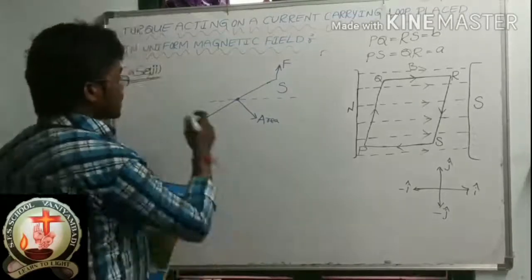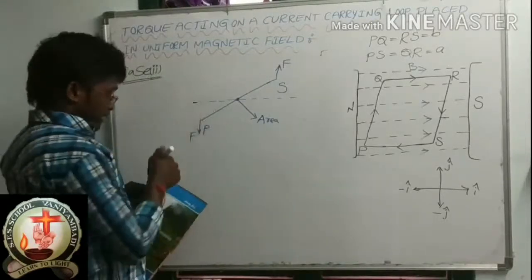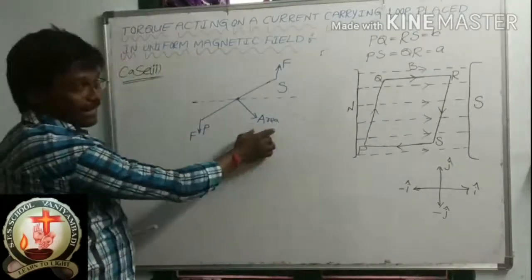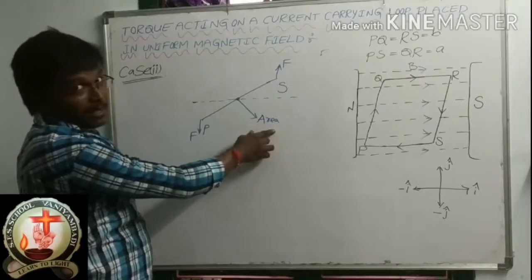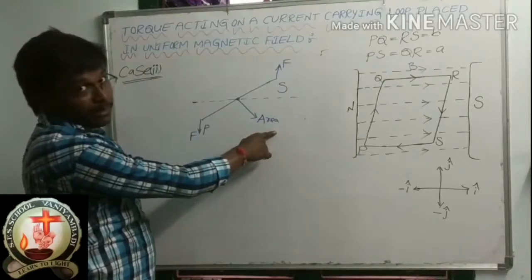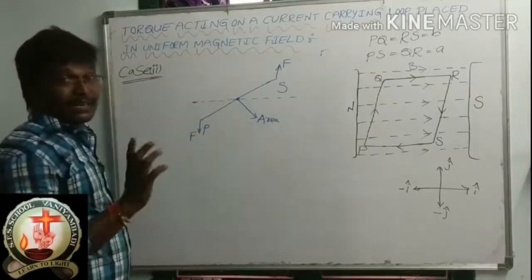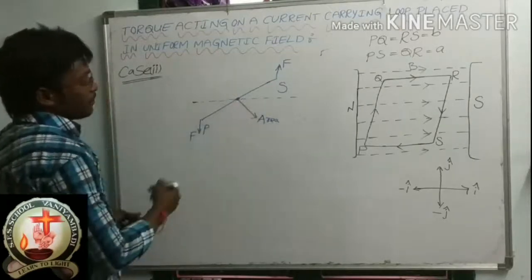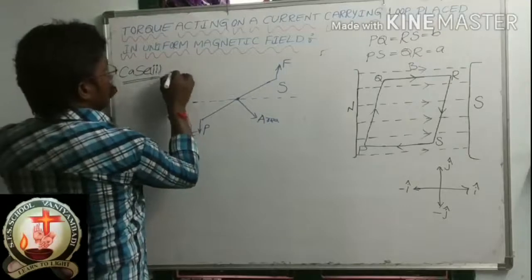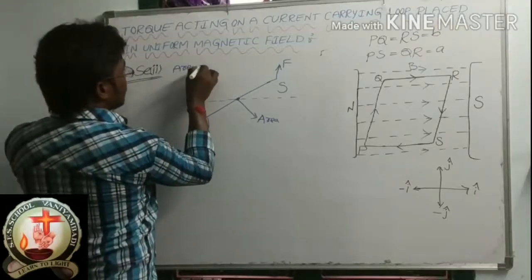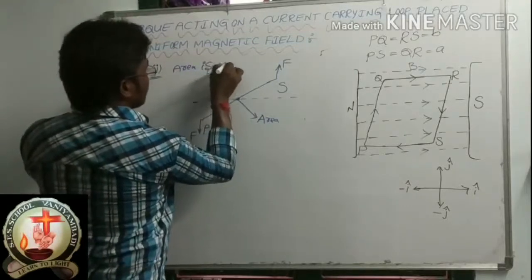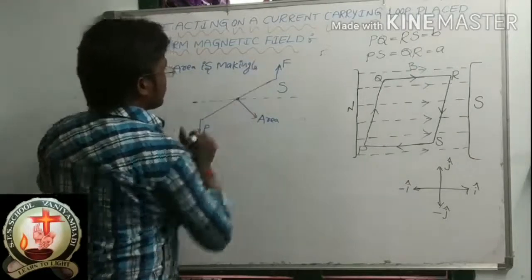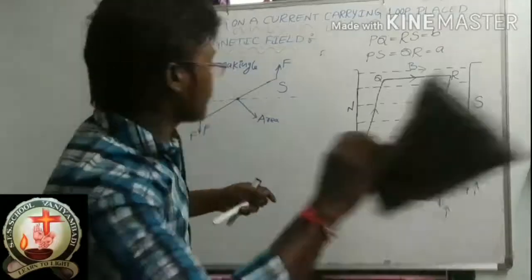Now my condition is, in case 2, what is the condition? The area is making angle theta with the magnetic field. What is the second case? I will draw this again.